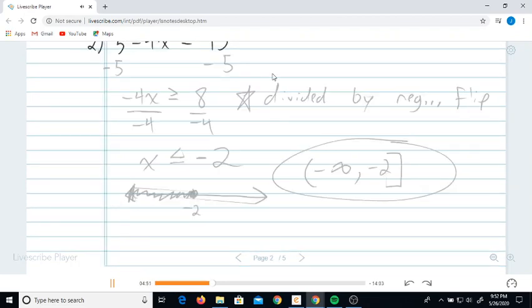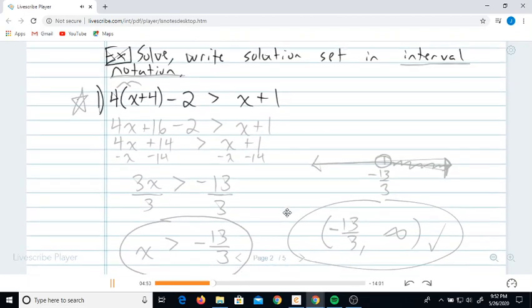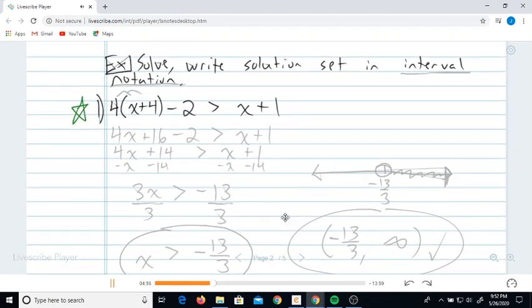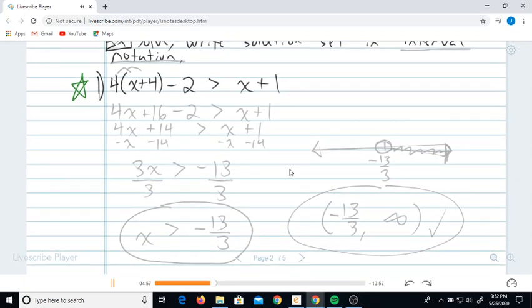Let's go ahead and look at some actual examples, starting with example 1. You would solve this just like a regular old equation. So we'll go ahead and distribute. That gets us 4x plus 16 minus 2 is greater than x plus 1. Let's combine like terms: 4x plus 14 is greater than x plus 1.